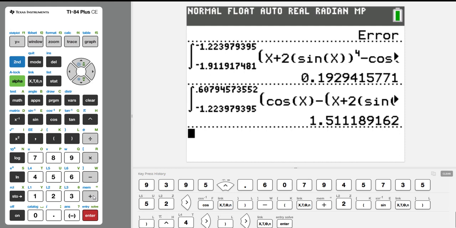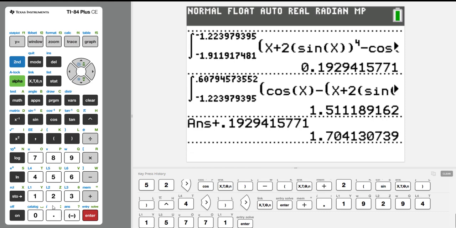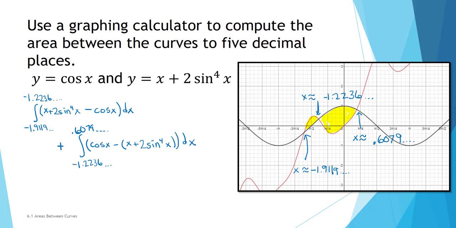Now I just need to add them together. Okay, and here's my answer. So from my calculator, I got 1.70413, rounding to 5 decimal places.